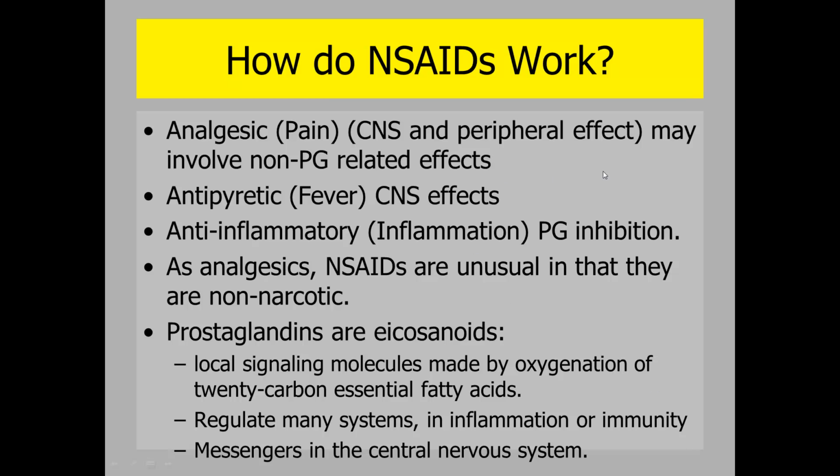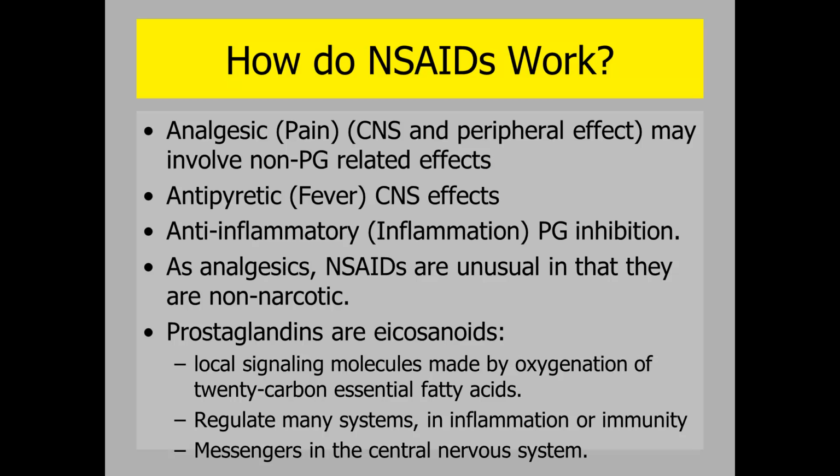So how do these NSAIDs work? They have several different effects, and depending on the NSAID, they may more actively work on one effect more than the other. So when they work as analgesics against pain, that's a central nervous system effect and a peripheral nervous system effect.